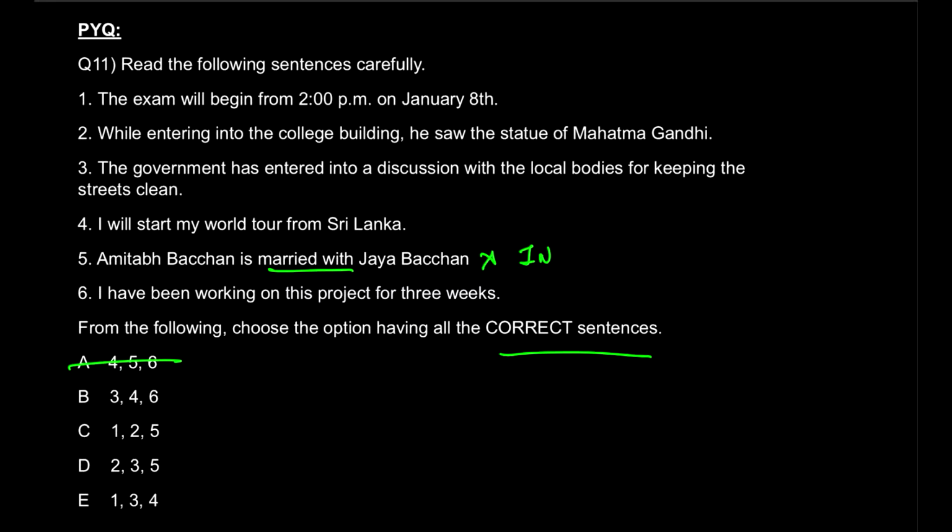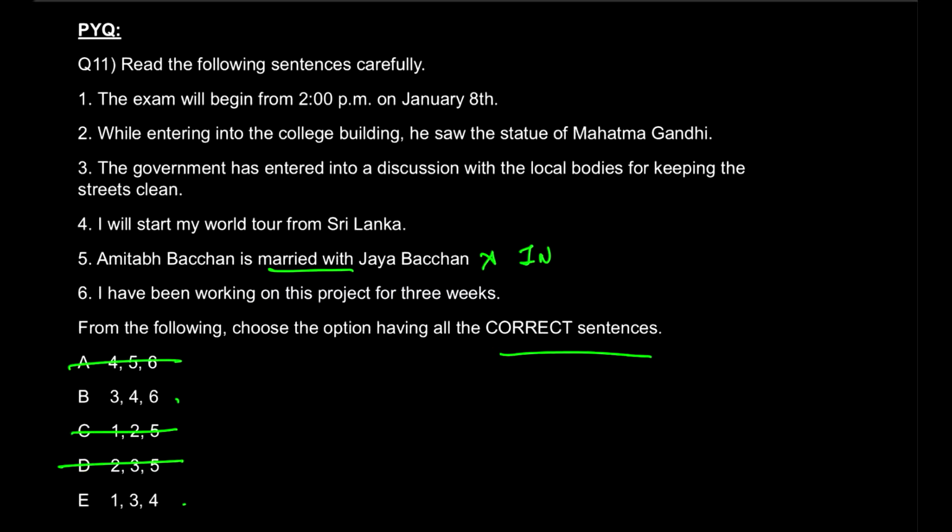A, C and D are out of the game, completely out of the game. Now I know that I have to choose between B and E.